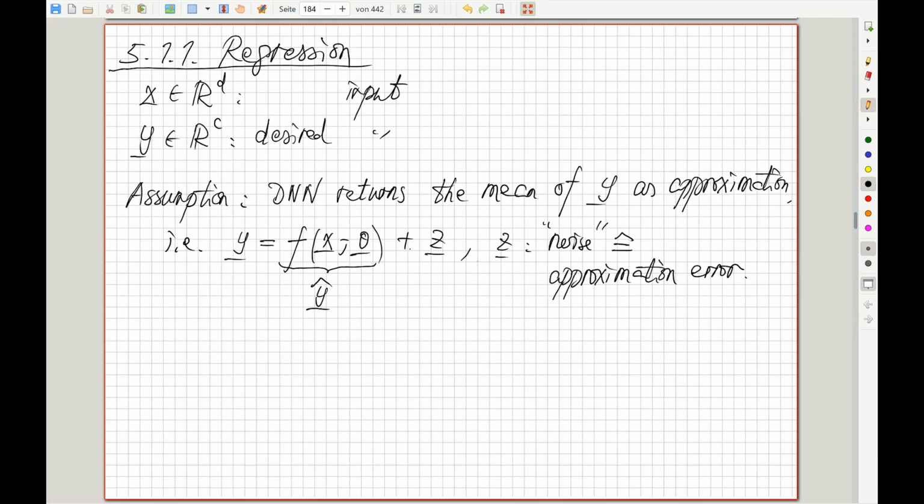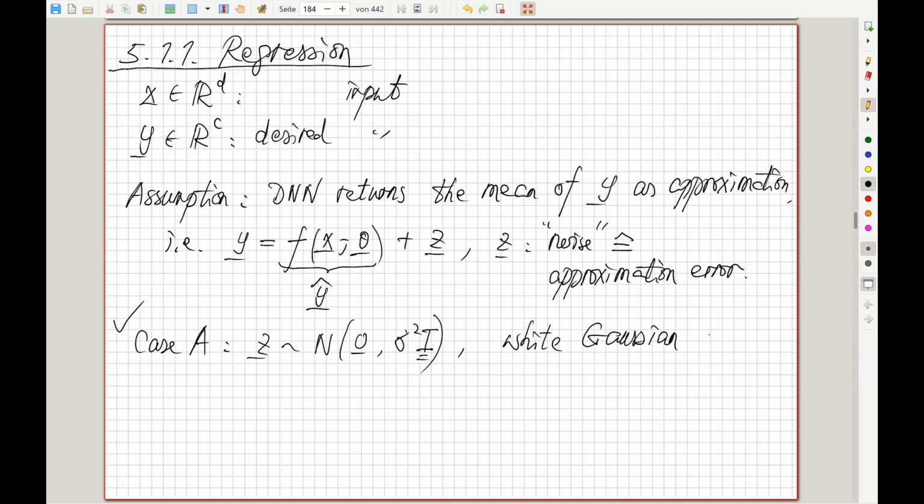And now we can assume actually a distribution for the noise. And I'm going to study 3 cases. The first case is the standard case. Most people assume the following situation. They assume Z is Gaussian distributed, zero mean, with a scaled identity matrix as the covariance matrix. And we mostly call it white Gaussian noise. Gaussian noise because the distribution is normal distribution, Gaussian distribution.